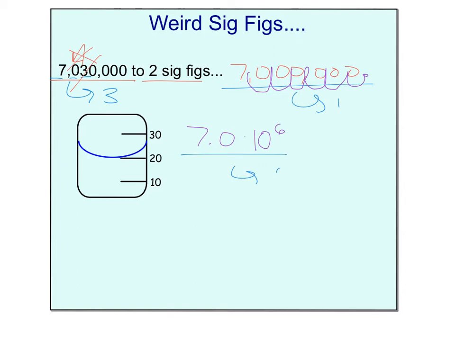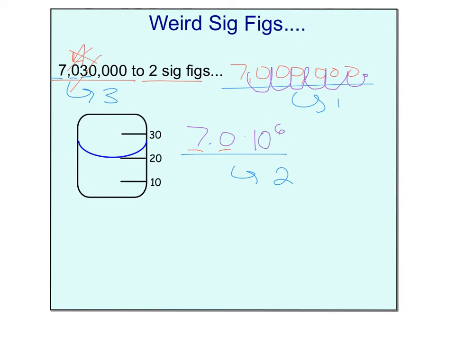And this has 2 sig figs, because 7.0 has 2, right? Because of the decimal place, that 0 counts. And then 10 to the 6 gets it to that 7 million place. So kind of weird. Again, not going to really see it on a quiz or on a test, but something you should know how to do just in case an example like that ever comes up.